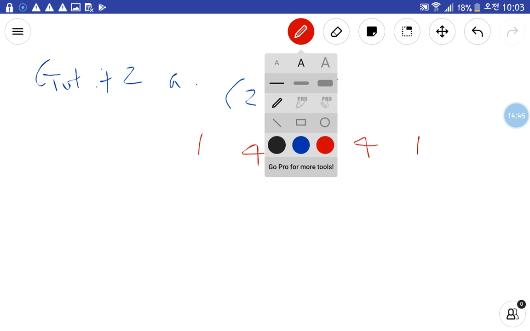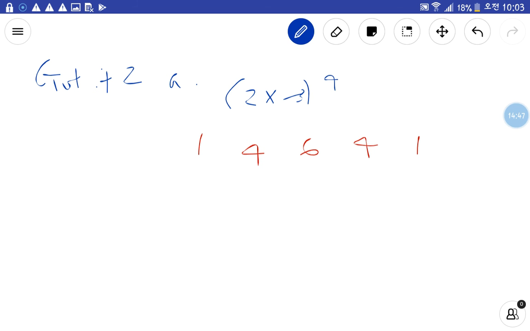Now, I can rewrite 2x minus 3 as 2x plus negative 3, to the 4th power. 2x is our a, and negative 3 is our b.